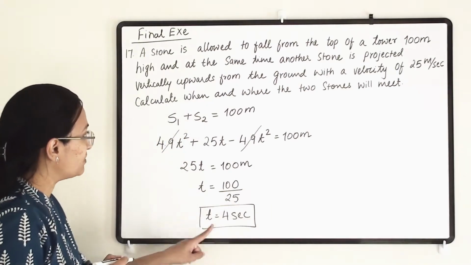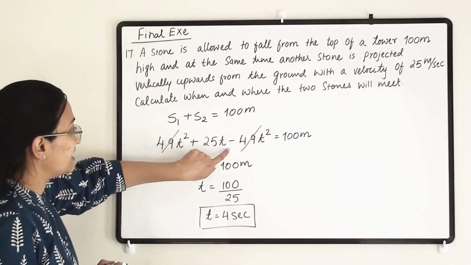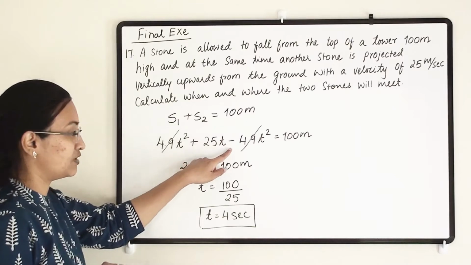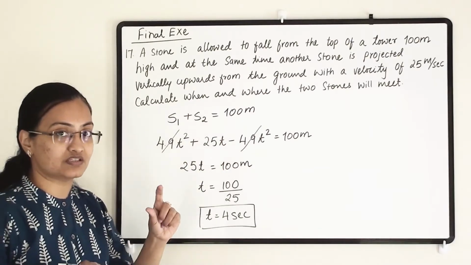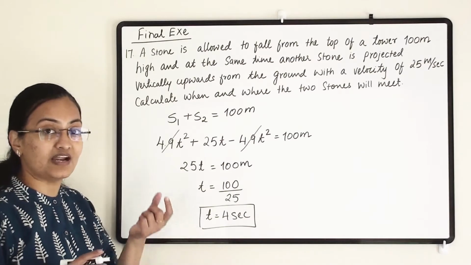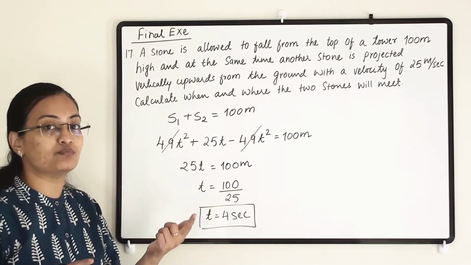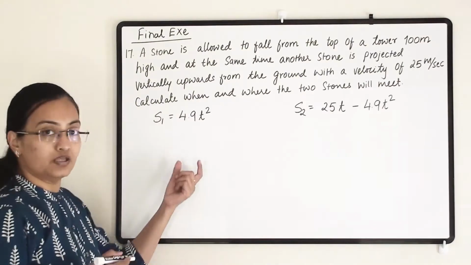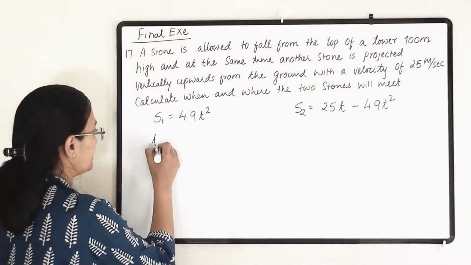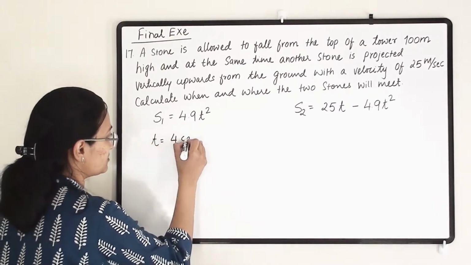That t value we are going to put in these two separate equations, S1 equals and S2 equals. So we will get the distance covered by stone 1 and stone 2 in that particular time. Now in these two equations we put t equals 4 seconds.